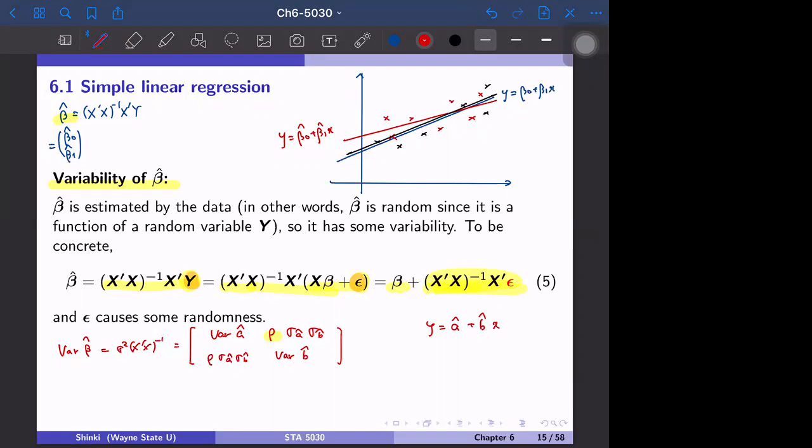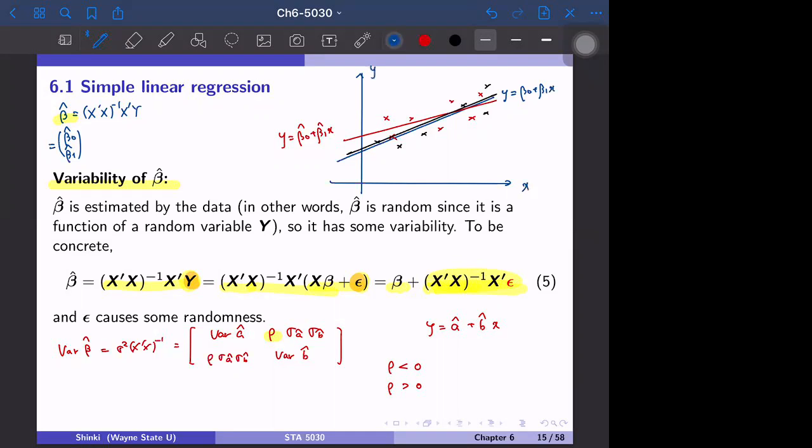If rho is equal to 0, they are independent. But if rho is less than 0, then A hat and B hat are negatively correlated. If rho is positive, A hat and B hat are positively correlated. For example, what happens in this figure?